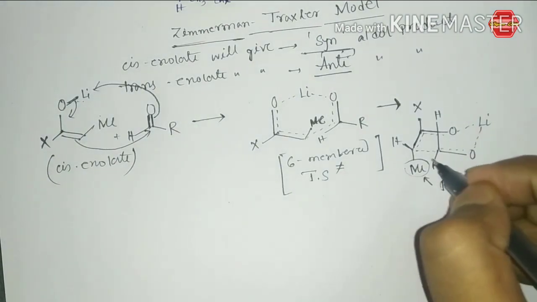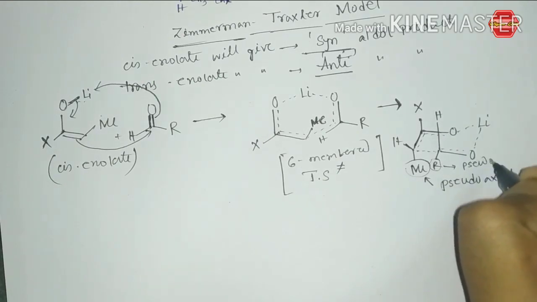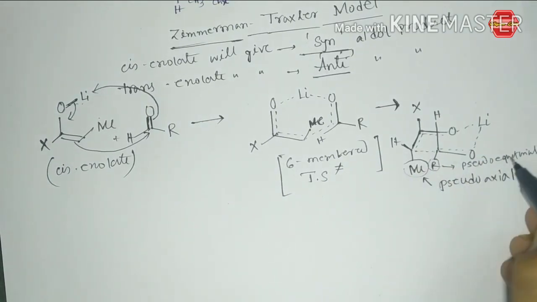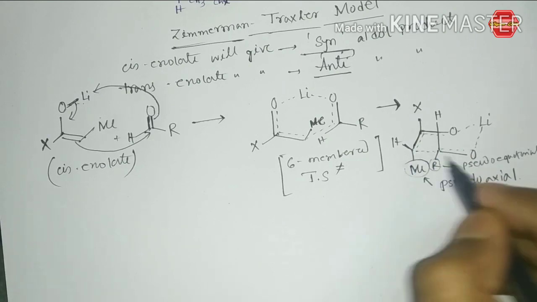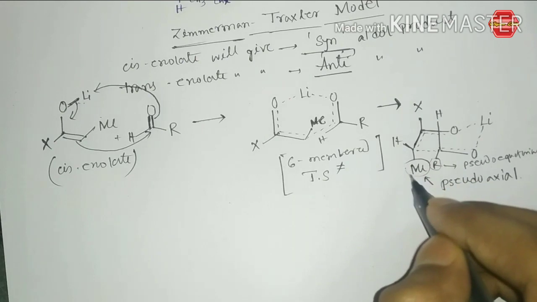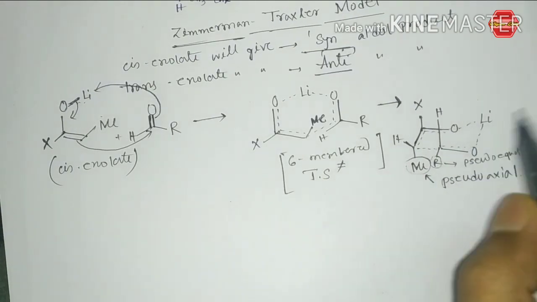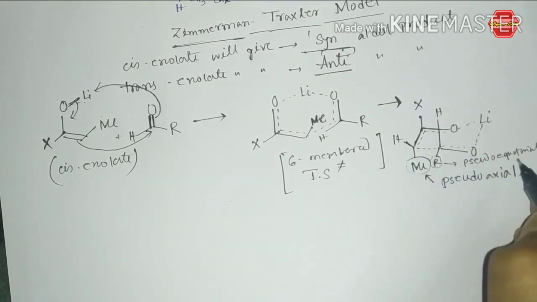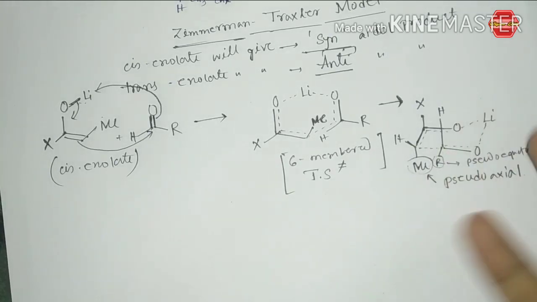And this R group is in pseudo equatorial. Why am I saying pseudo? Because these two positions are not in fixed axial or equatorial positions. That's why it is called pseudo, not actual axial or equatorial. But the best way to say it is this position is axial and this is equatorial. That's why they are called pseudo axial or pseudo equatorial.